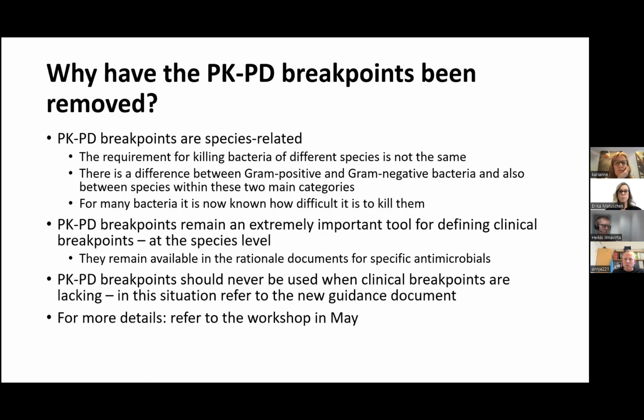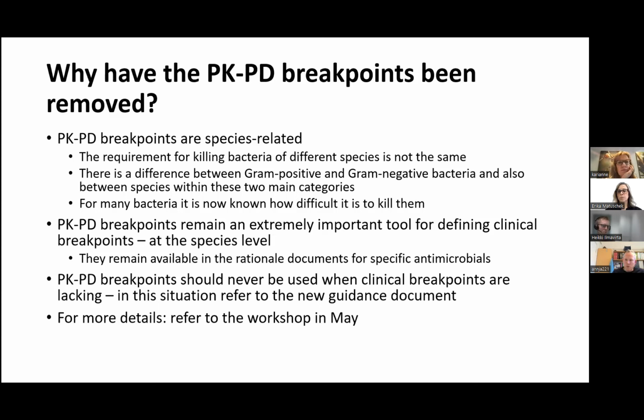And that's why boiling it down to one value is an oversimplification and not really that helpful in driving us forward. You could say that to some extent, the values might be fairly similar for gram-positive and gram-negative bacteria. So you could have maybe a gram-positive and a gram-negative PK/PD cutoff, but even that is an oversimplification.